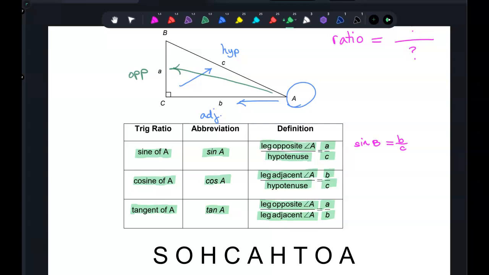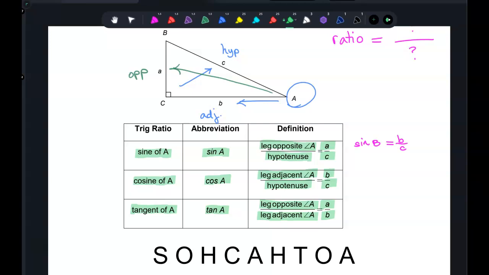We would look at opposite, which is 5, over the hypotenuse, which is 13. If I said, what's the cosine of X? Do the adjacent side, which is 12, over the hypotenuse. And then if I asked you what's the tangent of X, that's going to be the opposite over the adjacent.